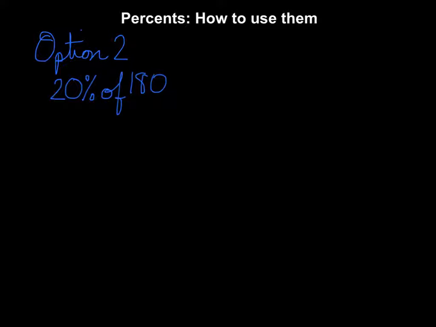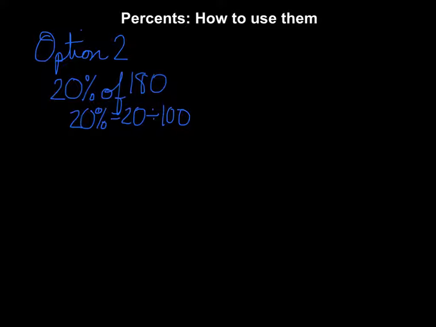For option 2, we're going to take care of the percent sign to start with. And so what I'm going to do is I'm going to create a separate problem where I just take care of my percentage, so 20%. And so 20% means 20 divided by 100.